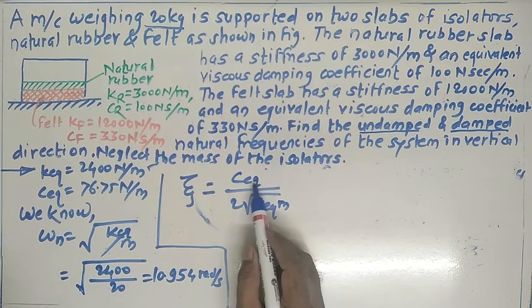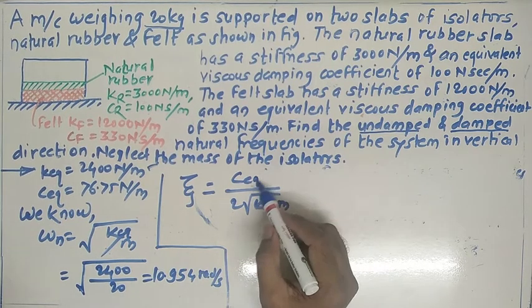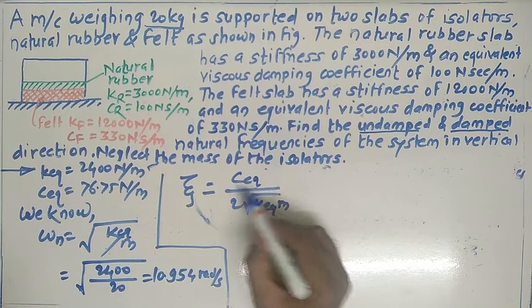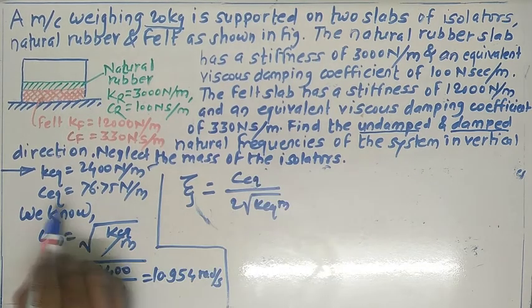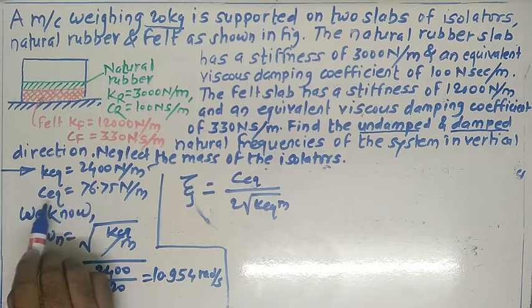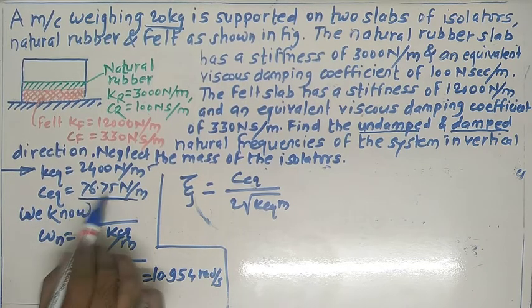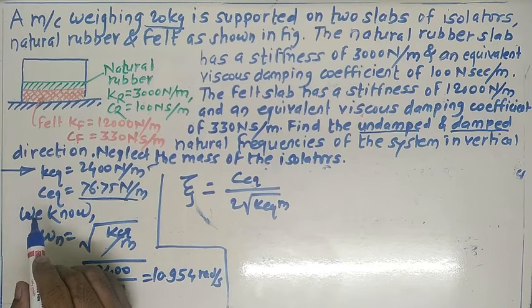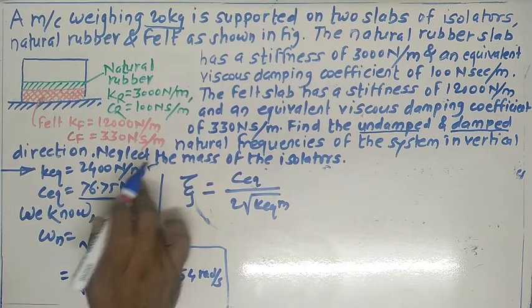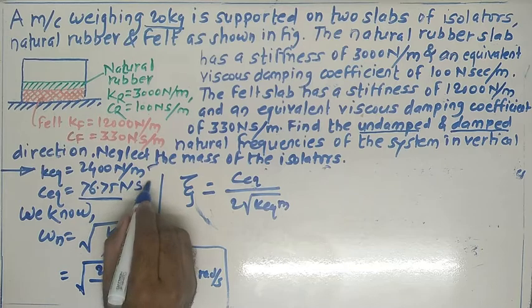The c equivalent is written here because it is the total damping coefficient available in the system, 76.75 newton second per meter.